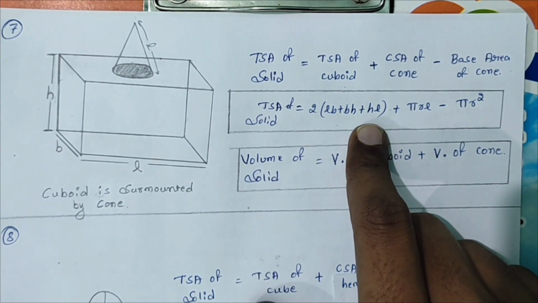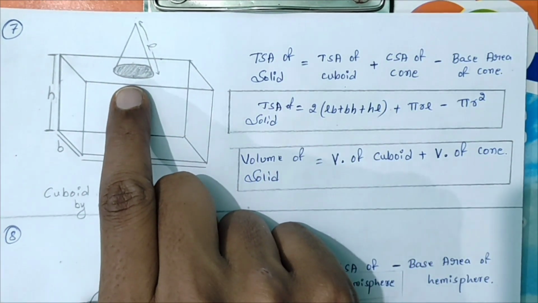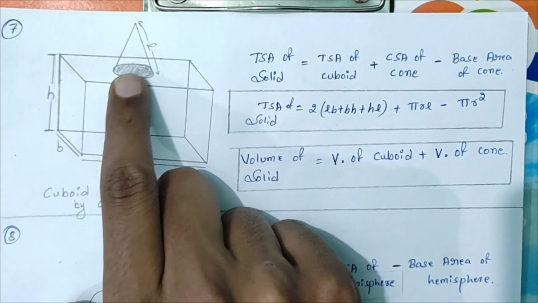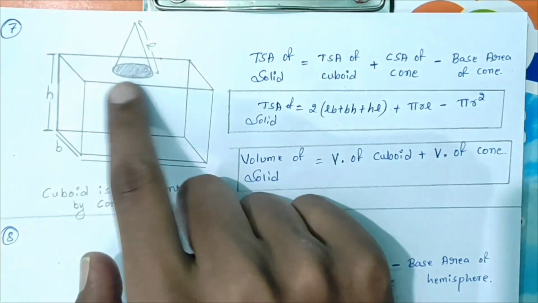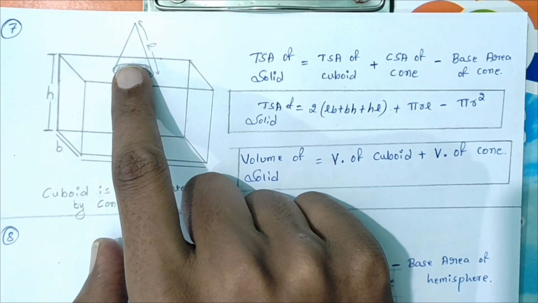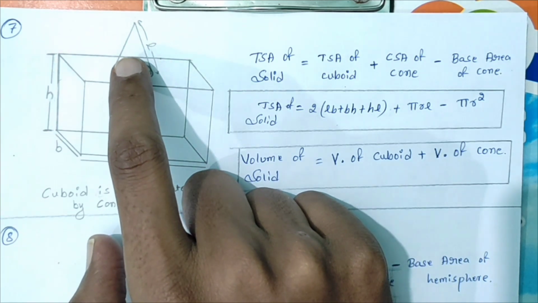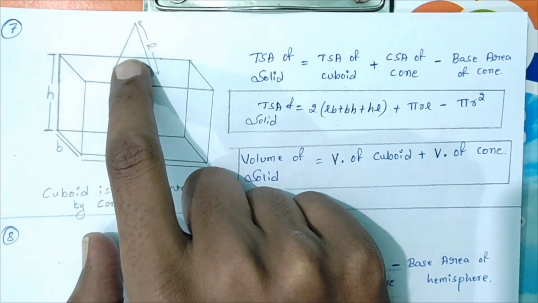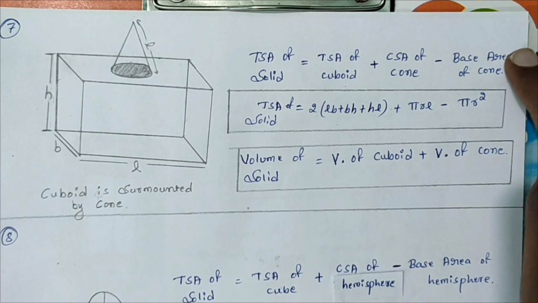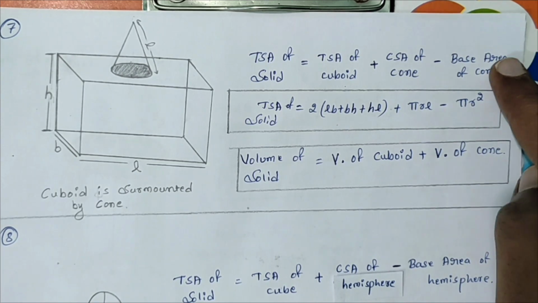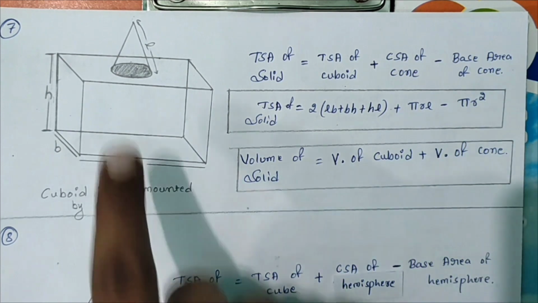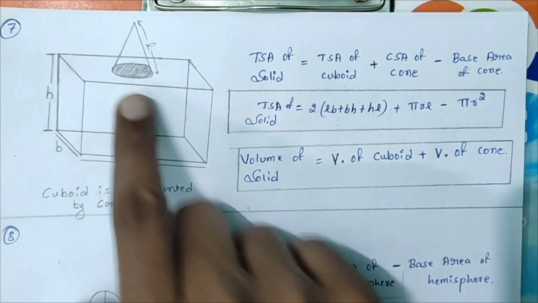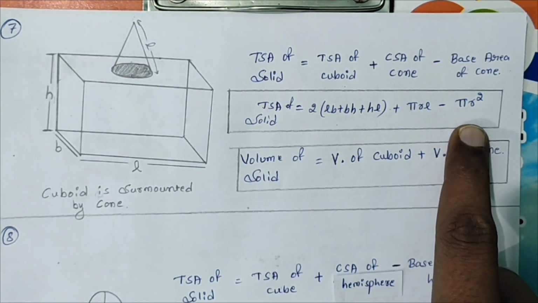From this cuboid, I eliminate the base area of this cone, that means this cone occupies space of the cuboid. For that reason we are not considering this base, so we are eliminating the base area of the cone, which is in the shape of a circle, so that is pi r square.